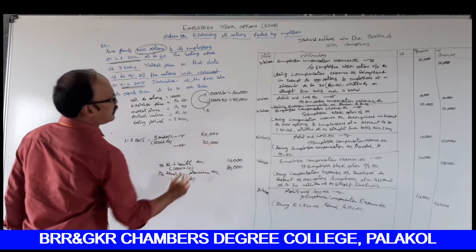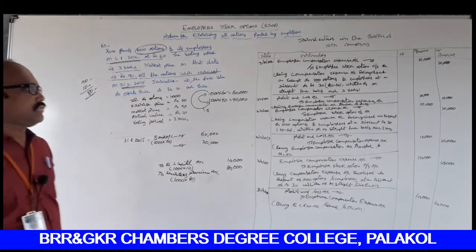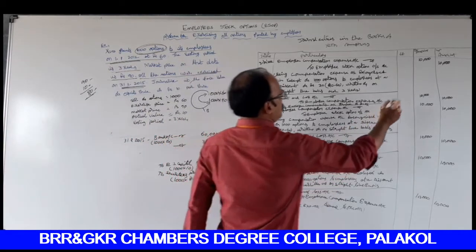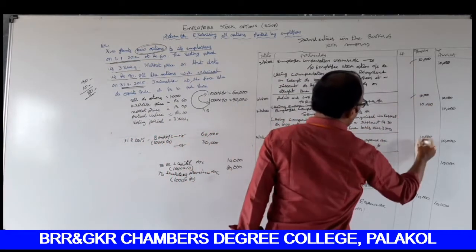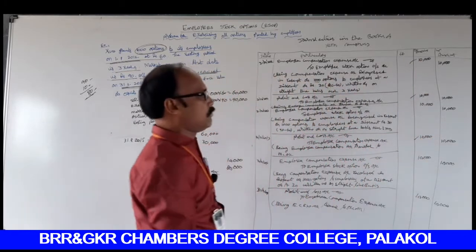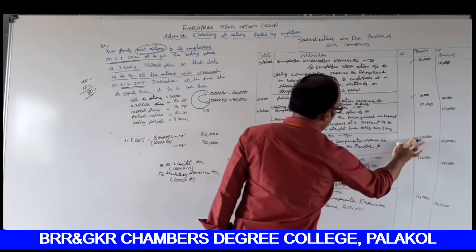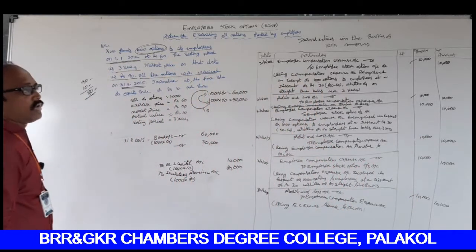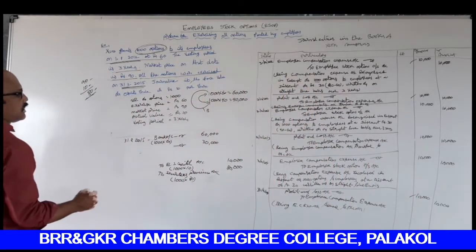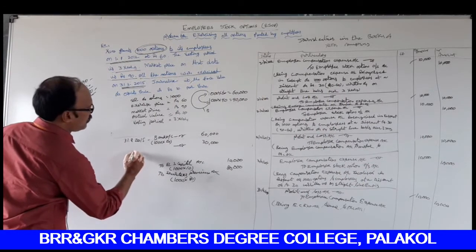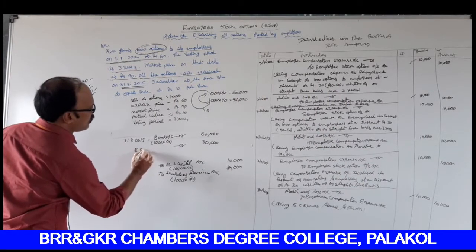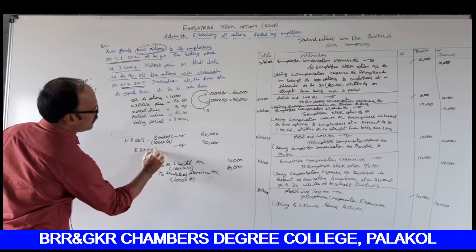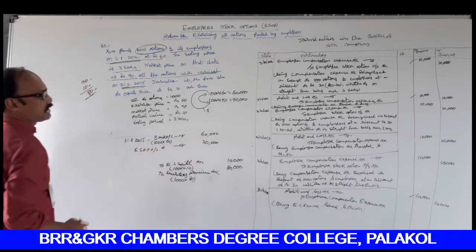So the remaining 30,000 rupees, what is it? Look at this: 10,000, 10,000, 10,000 every year. That is the outstanding amount. So it is tallied. Therefore, employees stock option outstanding account debit 30,000.